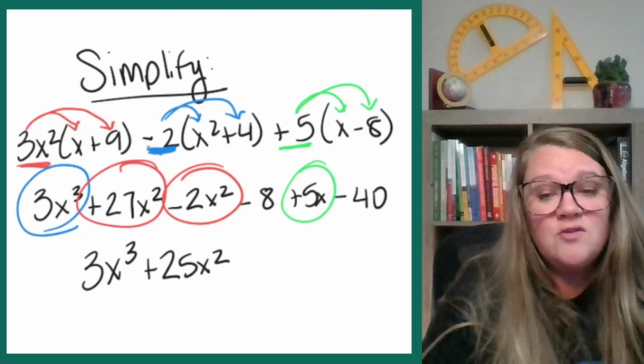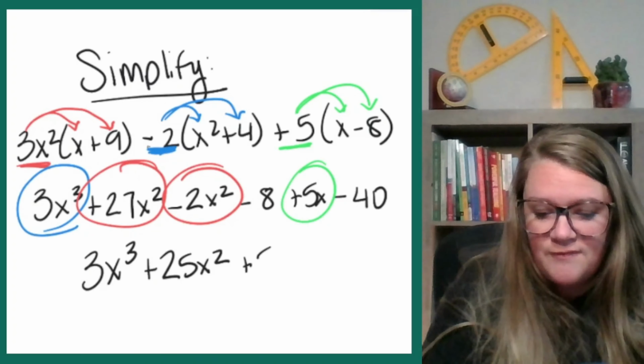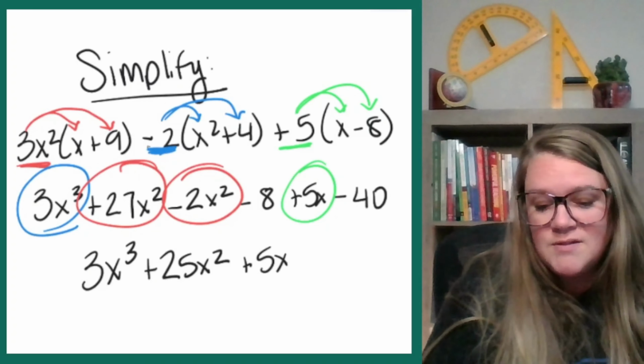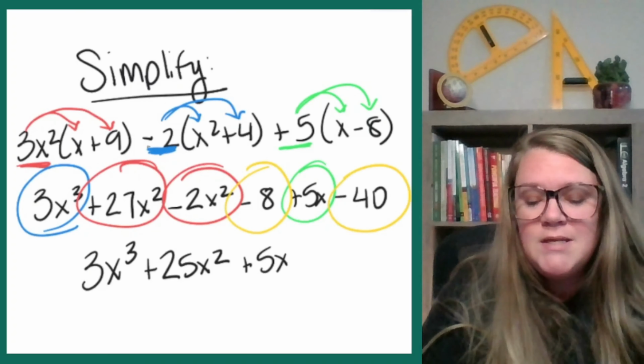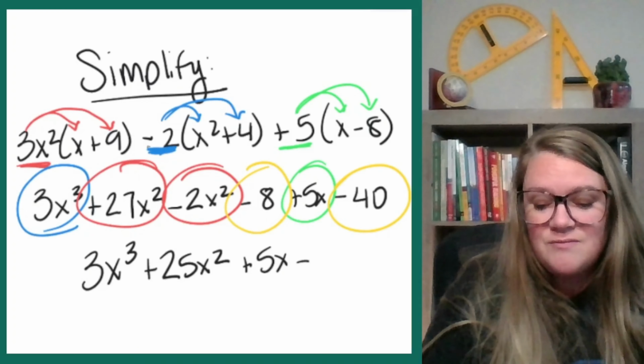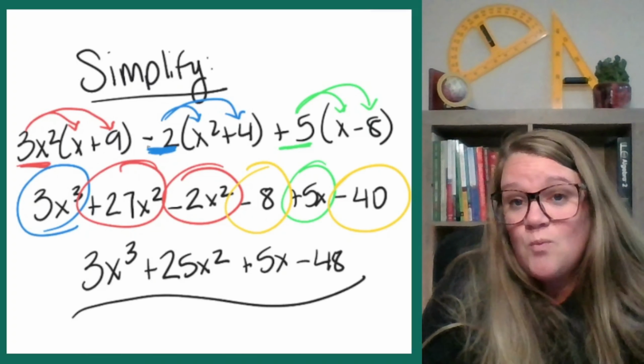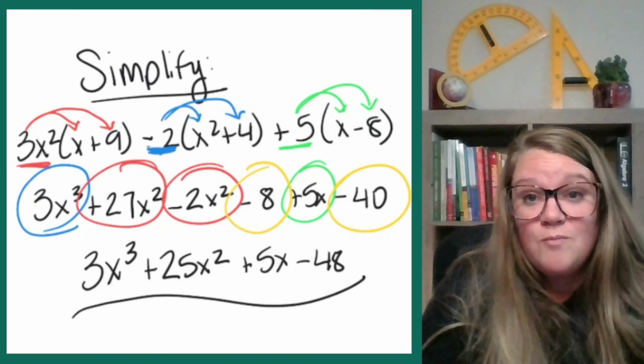My x's, I don't have any like terms. I only have that one, so I'm going to bring that one down, plus 5x. And my constant terms, there are 2 of them, negative 8 and negative 40. When I combine those two, will give me a negative 48. This right here is our final simplified answer, and we can't go any further because there are no more like terms.